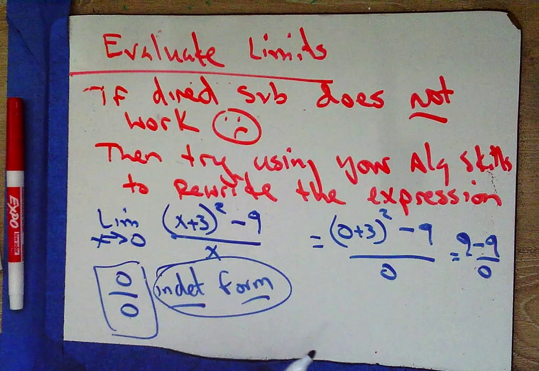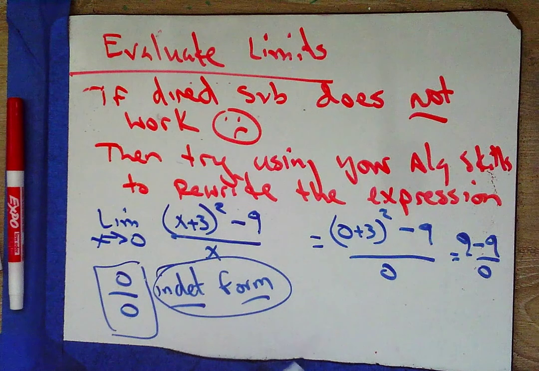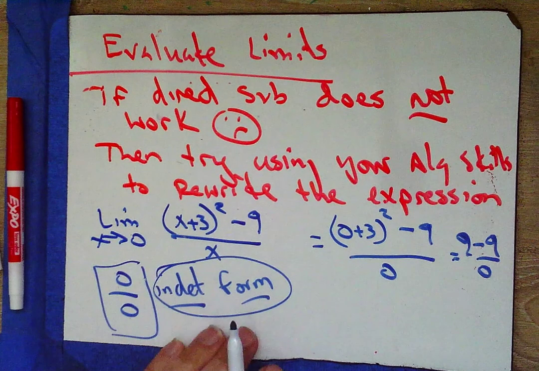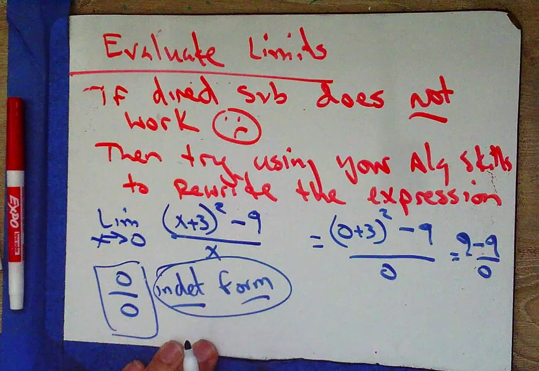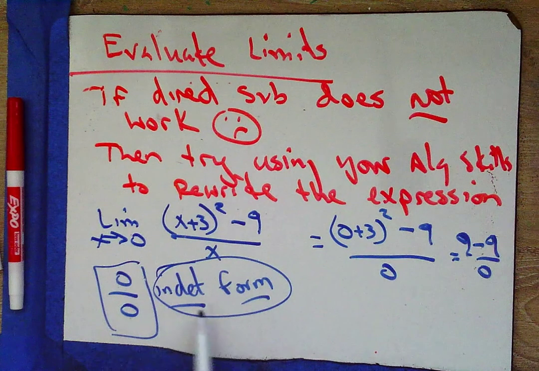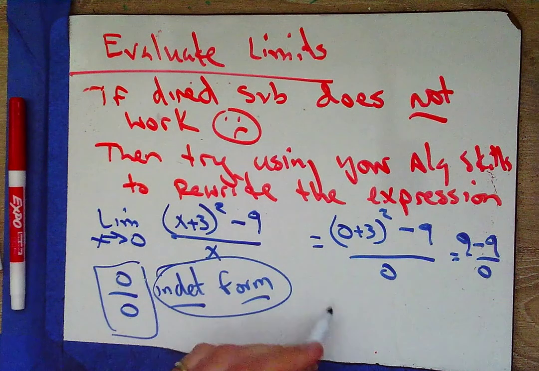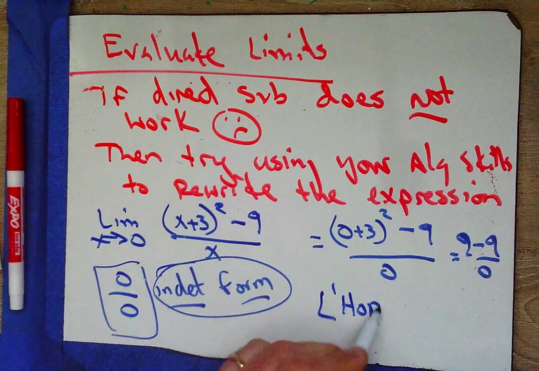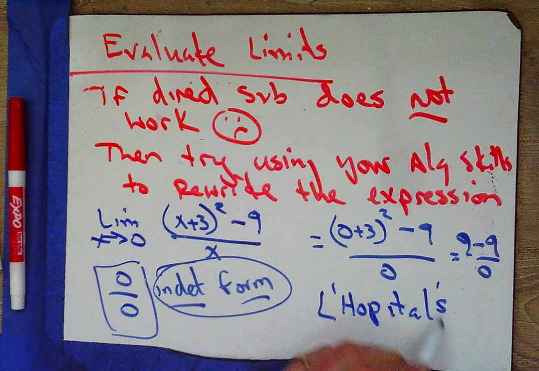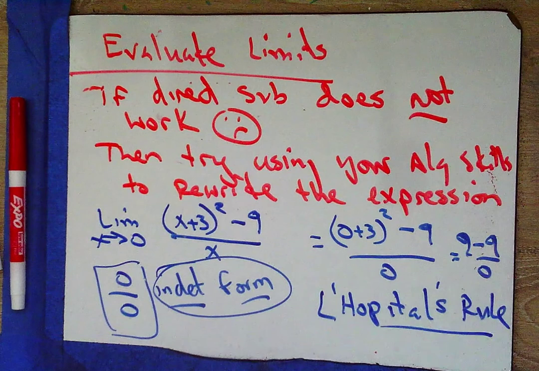Whenever we have an indeterminate form, we have to evaluate it based on what situation we're seeing it in. And the easiest way to evaluate an indeterminate form is to use something called L'Hopital's rule, which we're not going to use today.